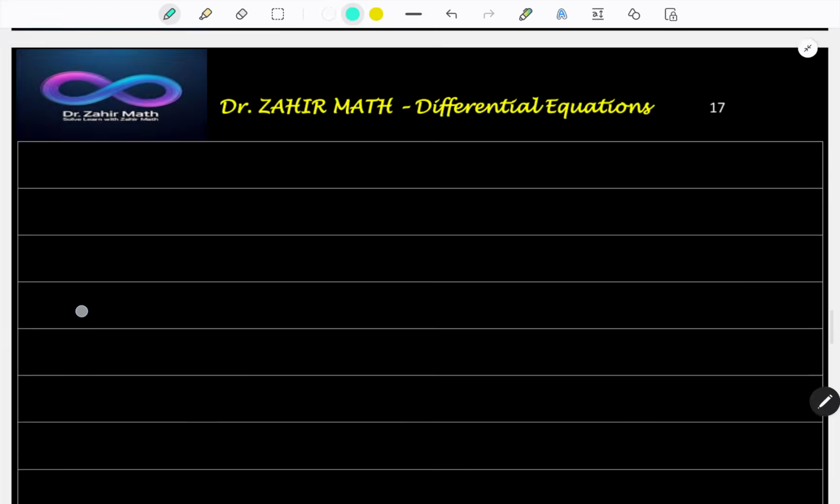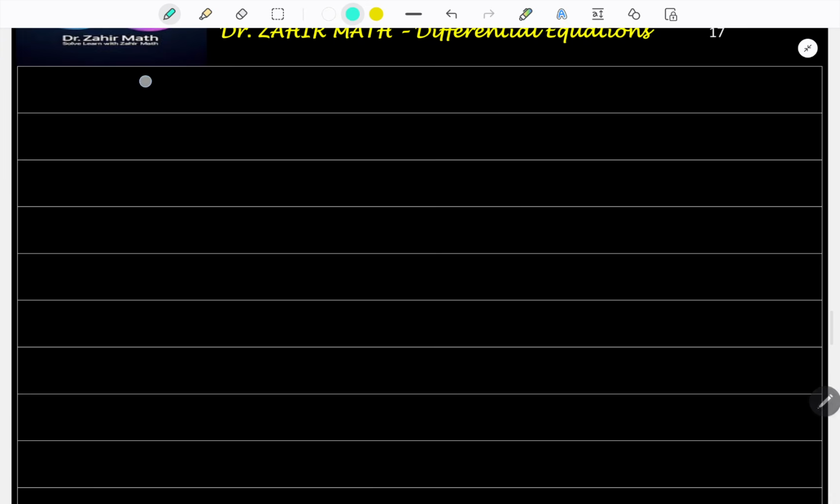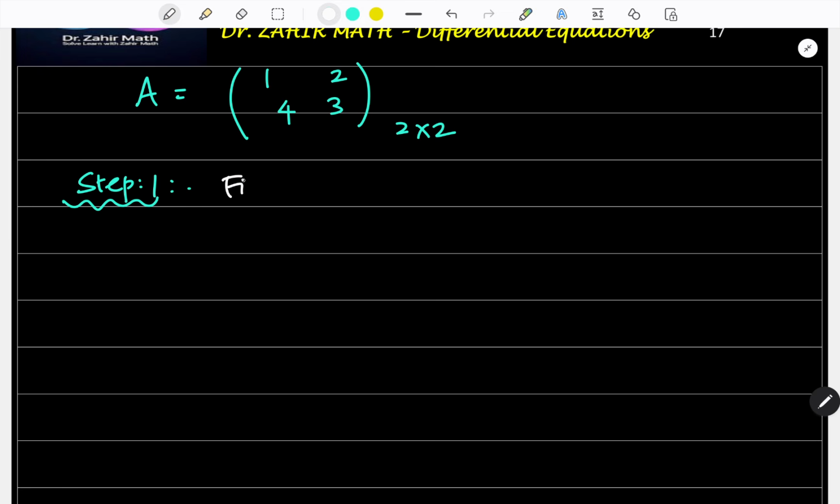Okay, let me start. Step number 1. My matrix A is 1, 2, 4, 3, a 2 by 2 matrix. Step number 1 is to find eigenvalues.